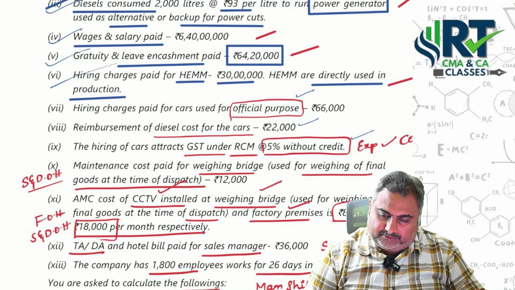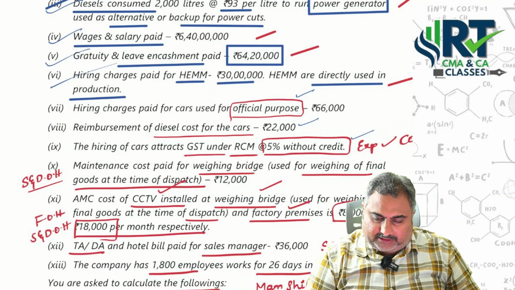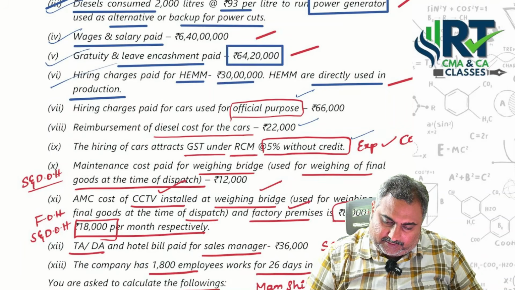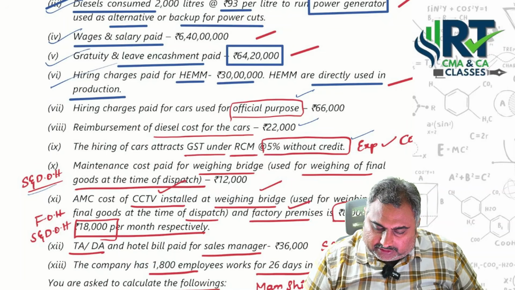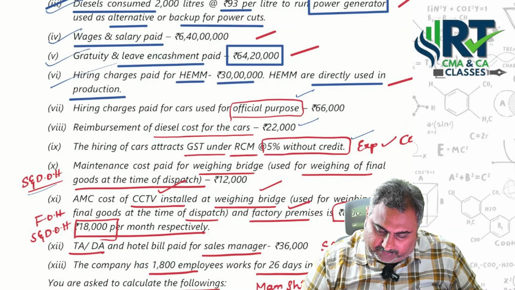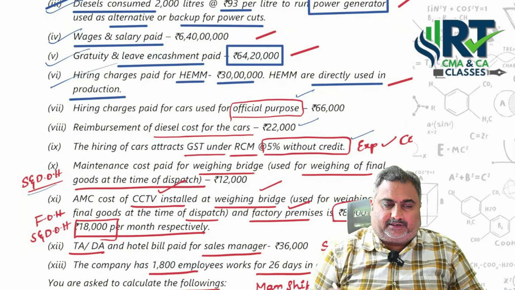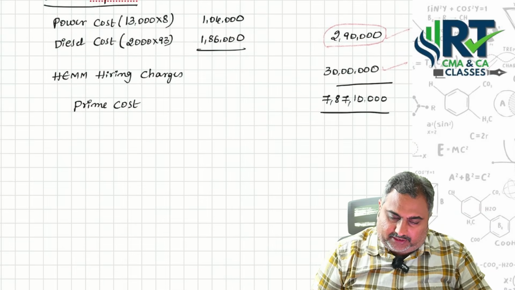For this we will get some credit on hire charges of car, attract GST, and maintenance cost for weighing bridge, that is selling and distribution overhead. Here is the AMC cost of CCTV installed at the weighing bridge. So for finished products it is 8,000, and for factory premises 18,000 per month we are incurring. So that should be our factory overheads point of view.